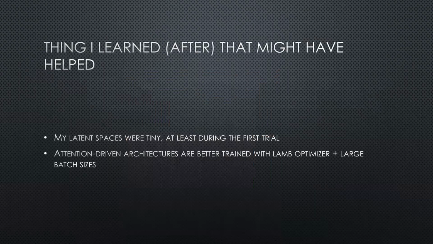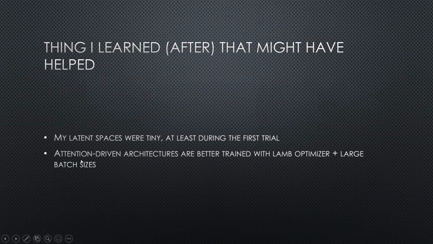Okay, I didn't put an S here, but anyway. Here are things I learned from this that might have helped afterwards. I learned this after the fact. My latent spaces for the perceiver were quite tiny. I learned this afterwards during my little experiments during the competition, and that's one thing that was wrong about my perceiver.